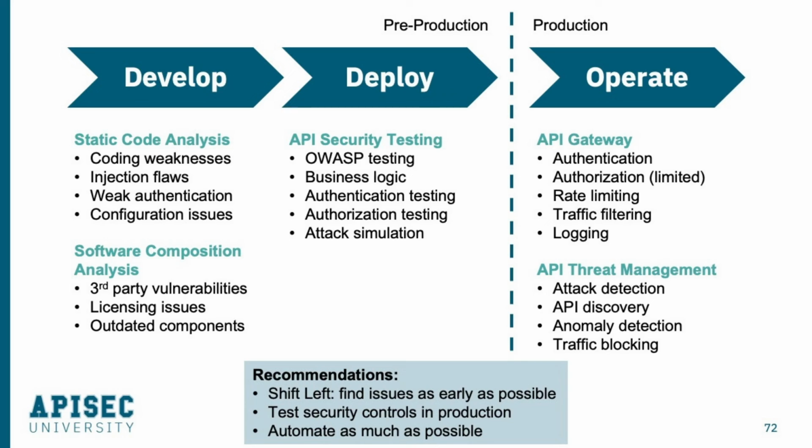And over on the far right, when we get into production, you've got technologies like gateways and threat management tools that will handle authentication, do some level of authorization controls, do traffic management to rate limit and control where your traffic is coming from, what's permitted, what's not, log all the activities, do anomaly detection, and so forth.